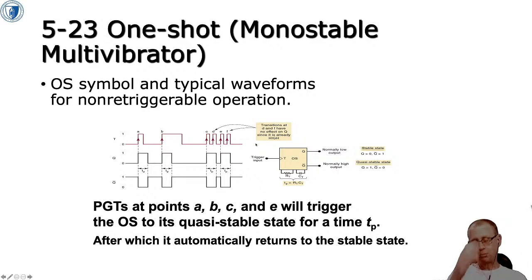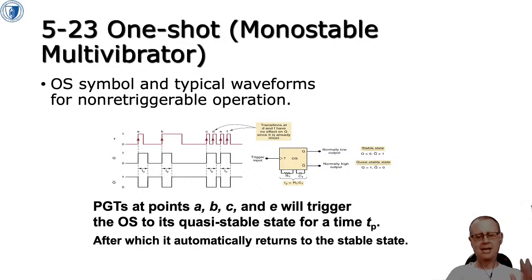Now, I didn't explain what re-triggering is quite clearly enough. Right, so you always output a pulse of at least duration, in this case TP. What retriggering does is, if during TP, the initial output of the pulse, you get another transition, another trigger, in the non-retriggerable operation, it doesn't matter.